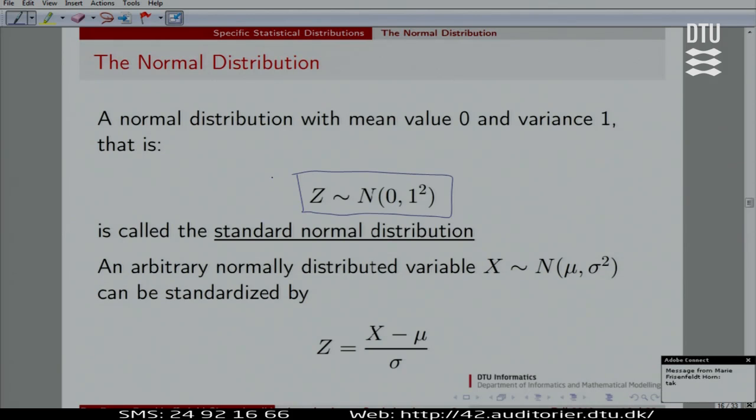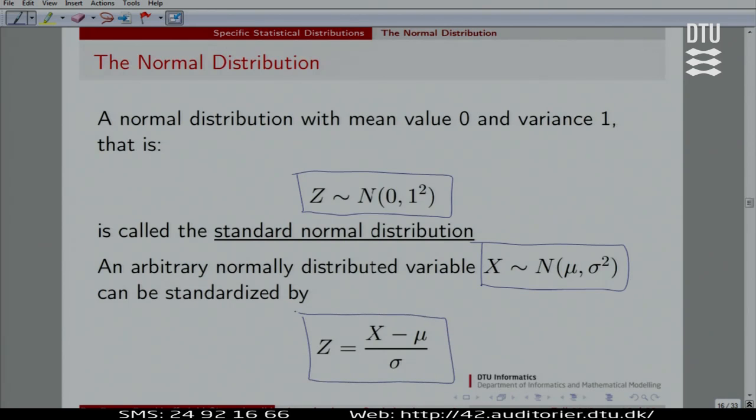That's the one I just discussed. When you have something which is generally normal, you can turn it into a standard normal by subtracting the mean and dividing by the standard deviation. Then something that was normal with mu and sigma squared becomes standard normal with 0 and 1. So we can jump back and forth between a general normal and a standardized normal.